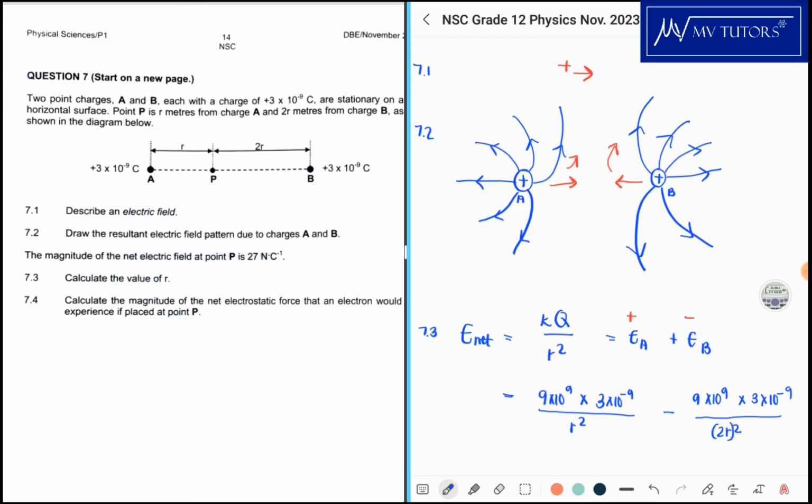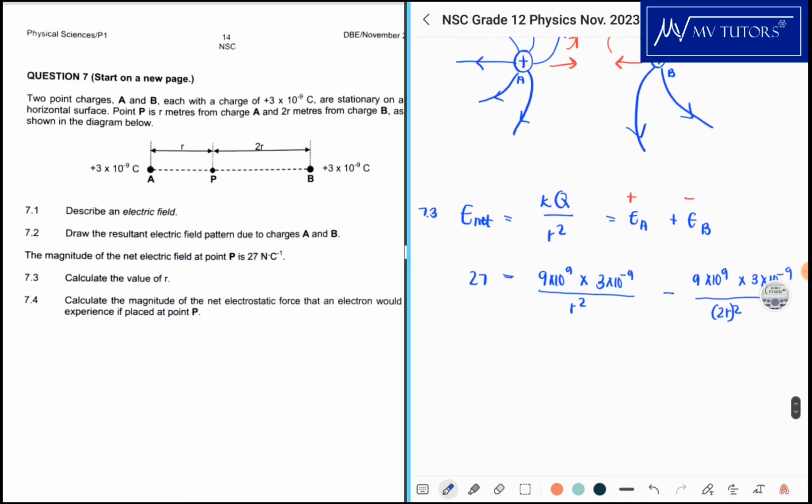Remember to put that in brackets so that you don't just square the R, but the 2 as well. And the net electric field is 27 newtons per coulomb.